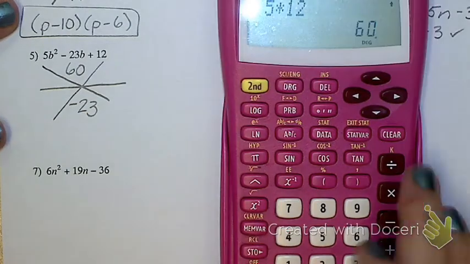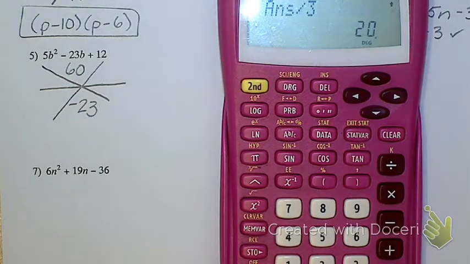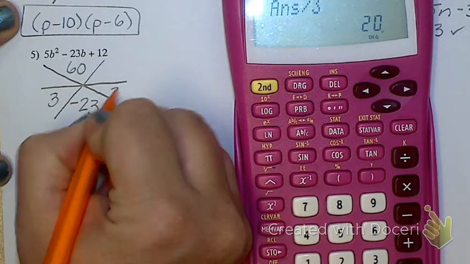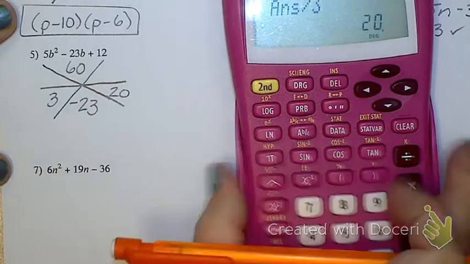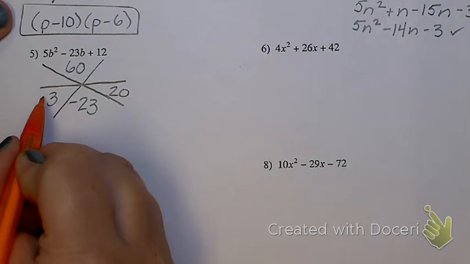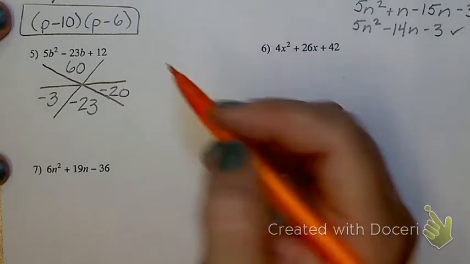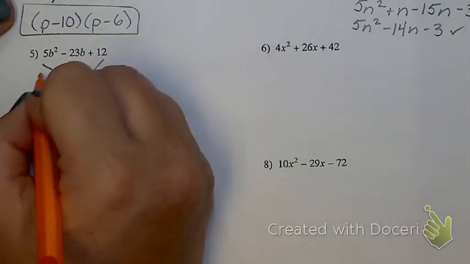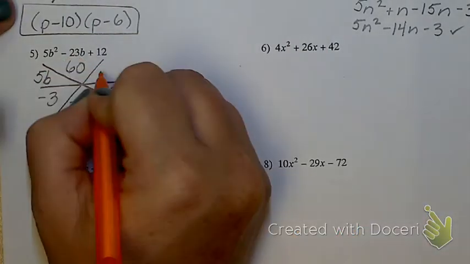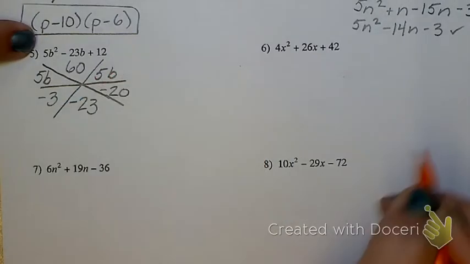Okay, so let's see. 60 divided by 3 is 20, right? Look at that. 3 and 20. Wow. But both of them have to be negative. Okay, what do I put on the top? 5b. Make sure you put that a value with it.